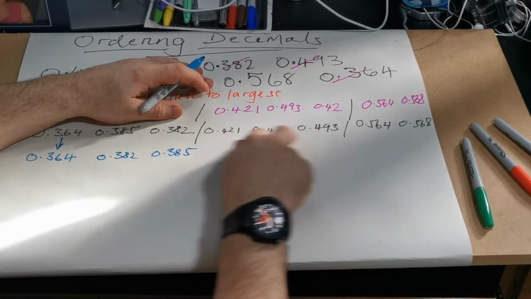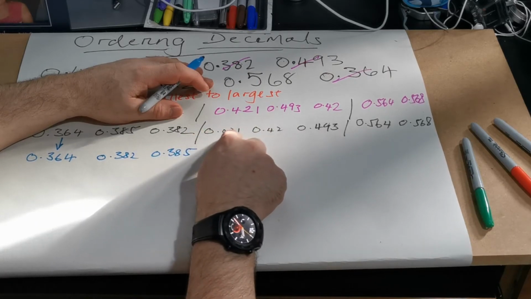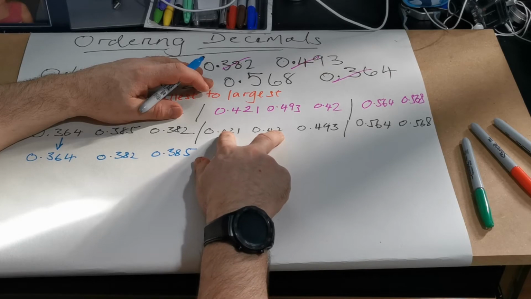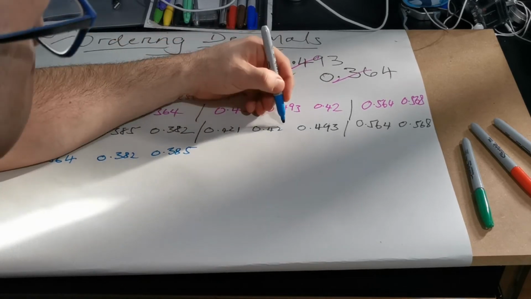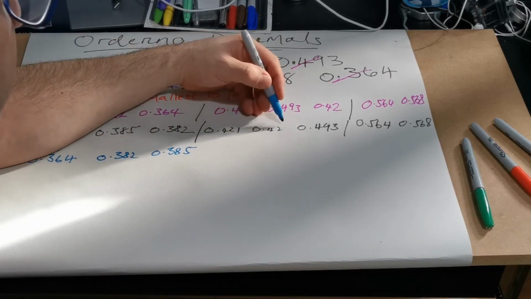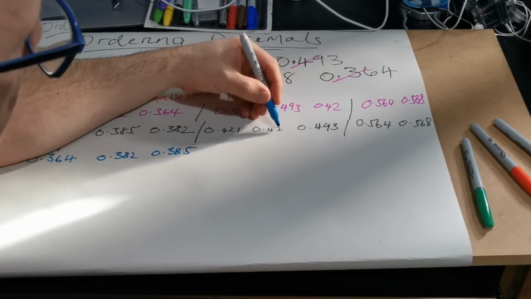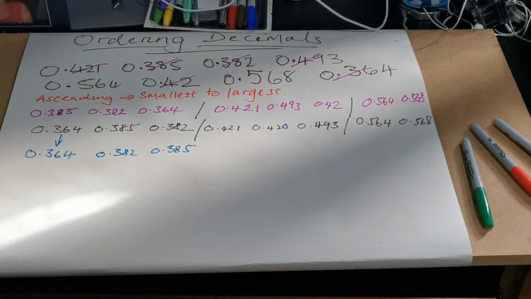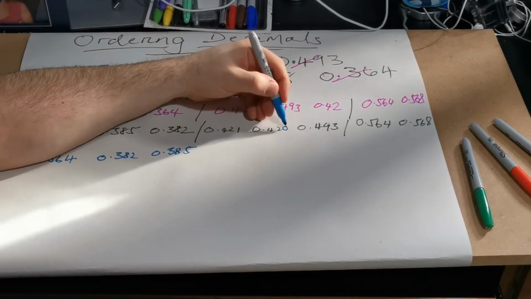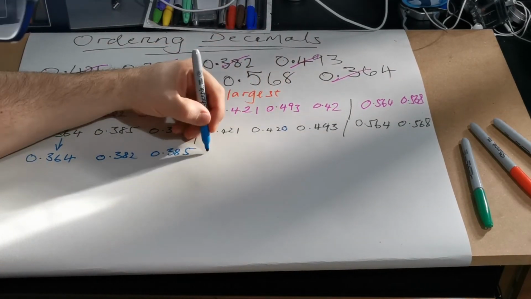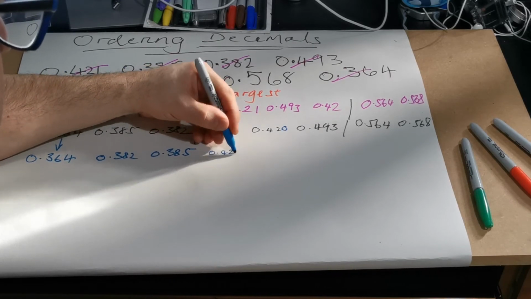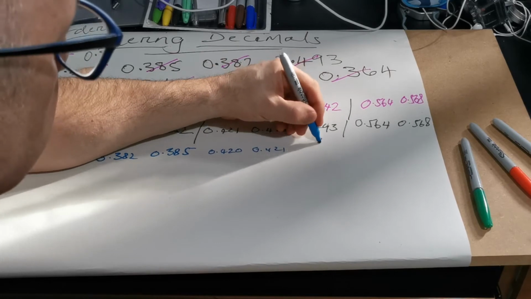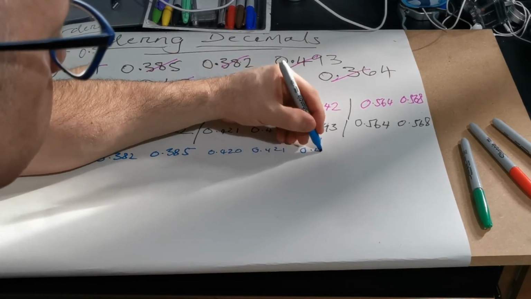Looking at this next one, I've got the 0.42s together, but how do I decide what comes first out of 0.421 and 0.42? Well, if I put a placeholding 0 in there, I think that makes it easier. The 0 comes before the 1, so it would be 0.420, 0.421, and then this one was already in the right position.